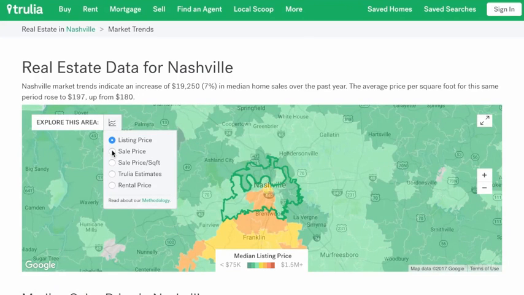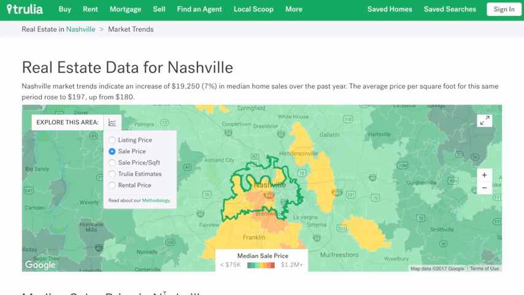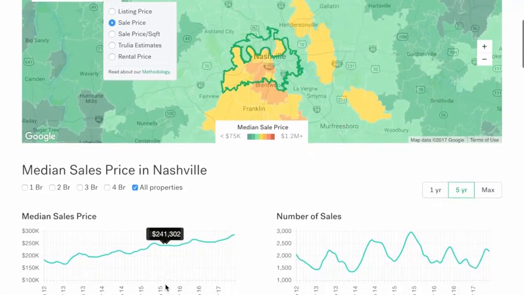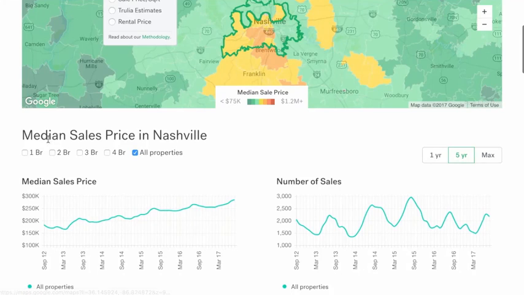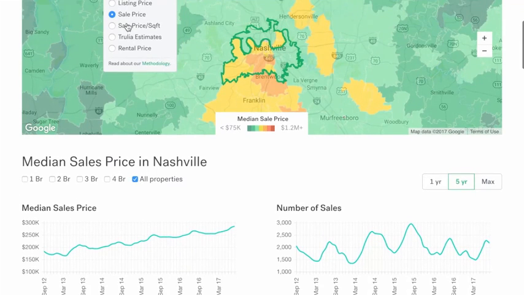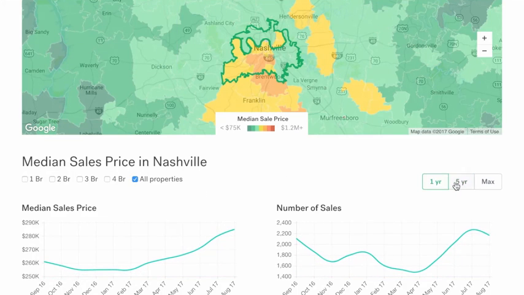Now it's very similar to the last one we looked at, but now we're going to look at some other things that are going on here. So you can see here, median sales price, we've got sales price clicked. We're going to go all properties, so you could do some more micro analysis, right? We could look at 1 bedrooms, 2 bedrooms, 3 bedrooms. But let's just put all properties. Let's change this to 1 year because we don't want to look at 5 years.